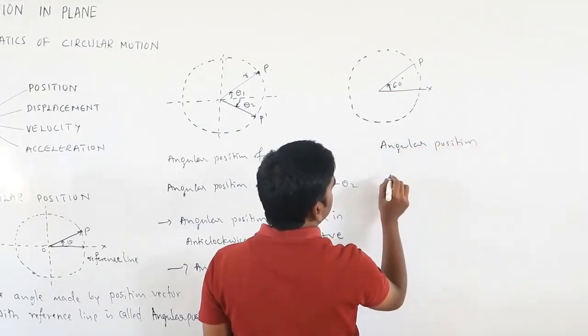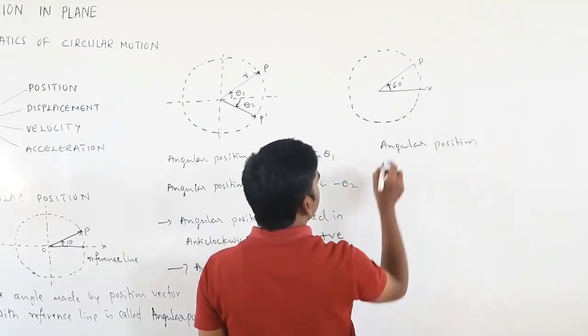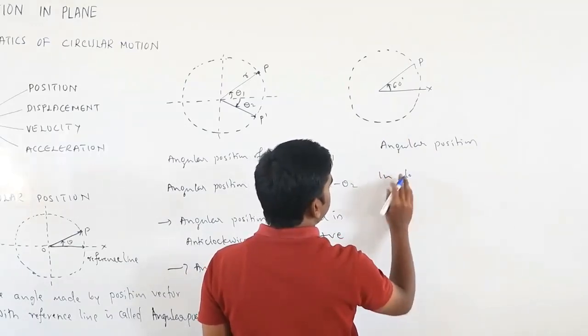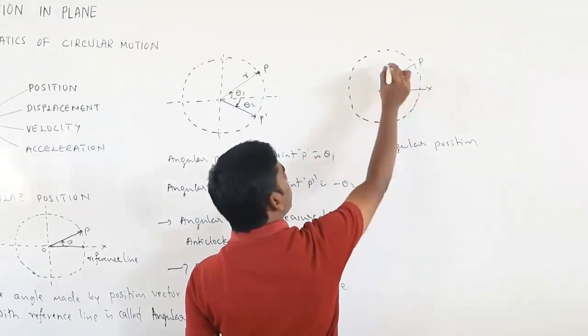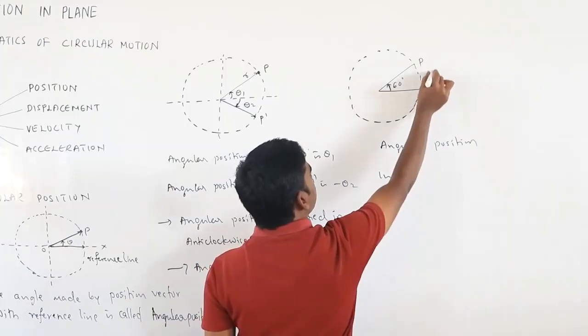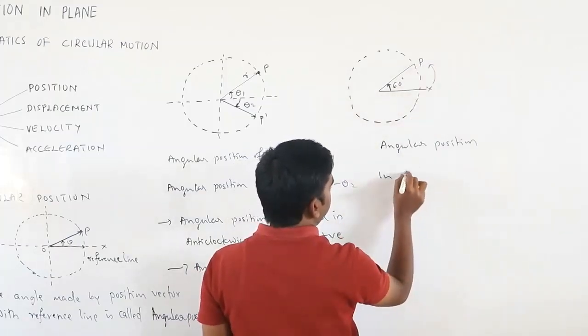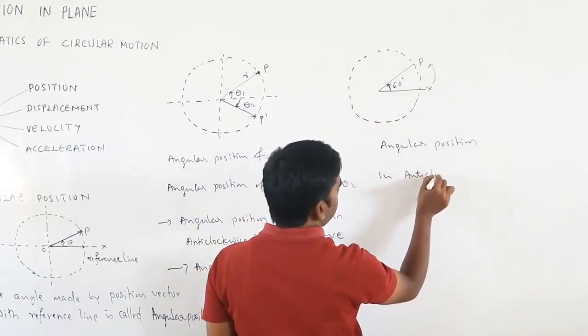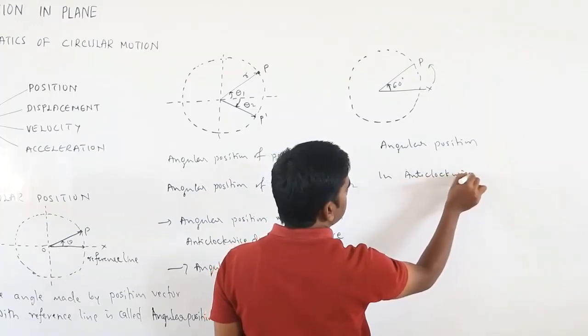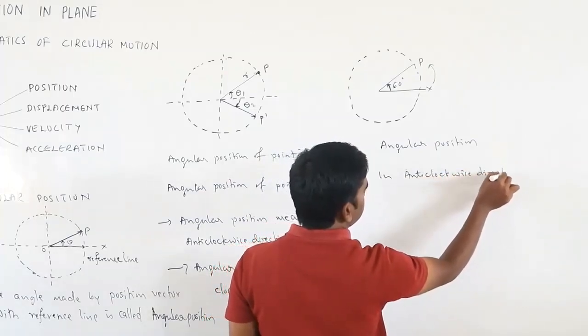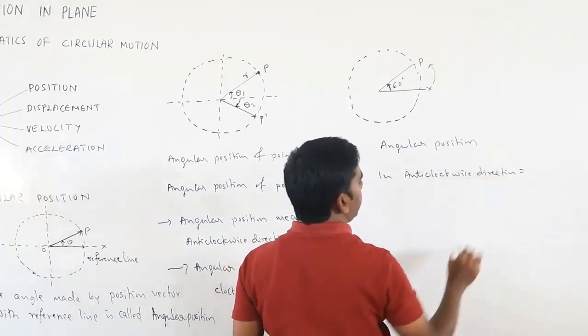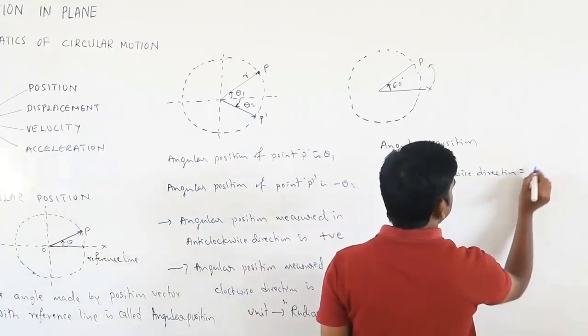Now the angular position in anti-clockwise direction, I will go from here to here, is 60 degree.